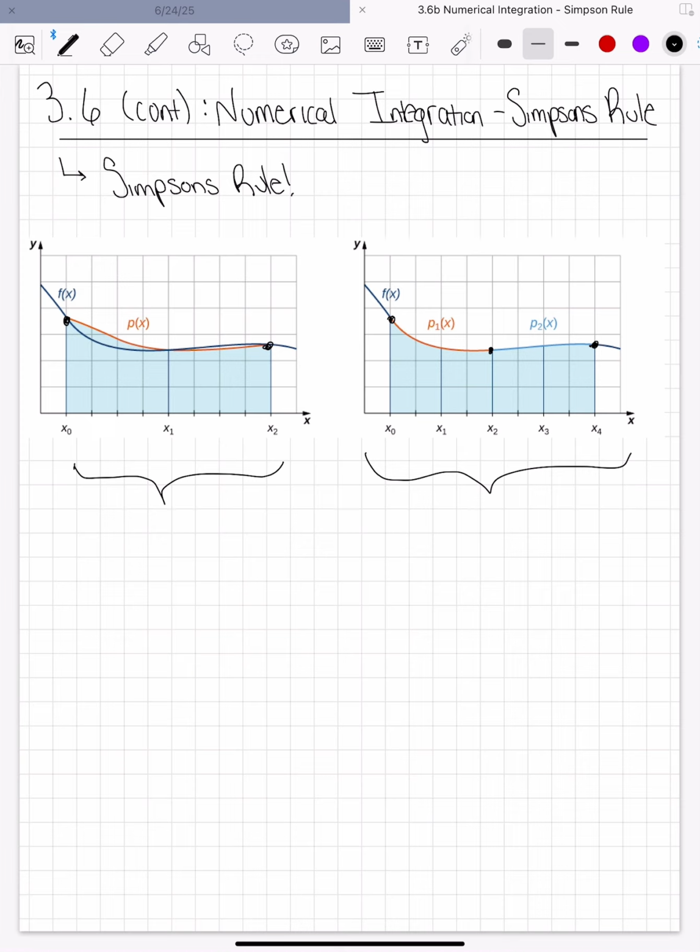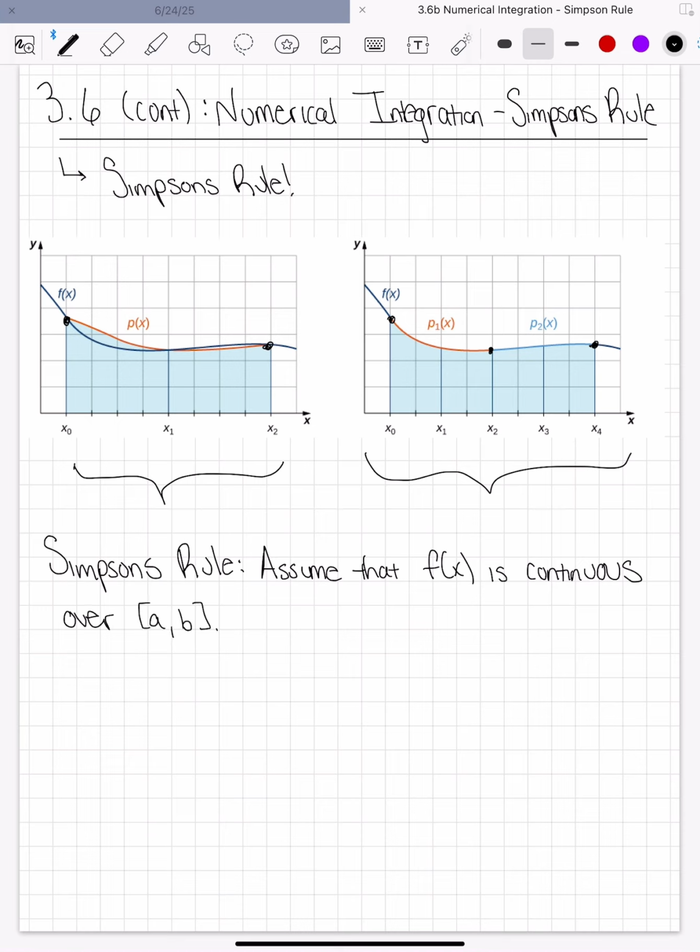And so what Simpson's Rule says, right, Simpson's Rule: assume that f of x is continuous over [a, b]. Let n be a positive even, caps locking that because that's important, integer.